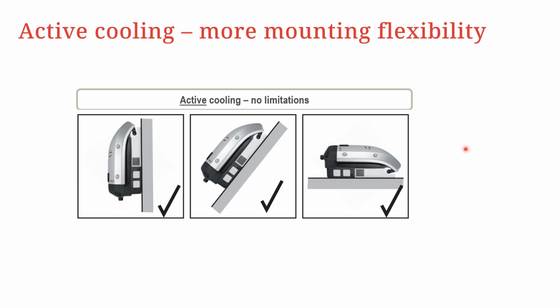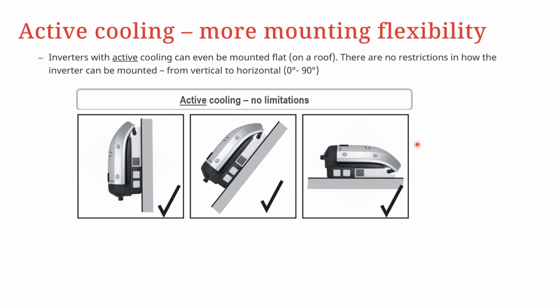So when it comes to mounting and the flexibility you get out of active cooling, basically we have no limitations. Here we are talking about the allowable mounting positions from Fronius. You can mount the Fronius inverters from 0 degrees up to 90 degrees. So you can see a vertical installation, a variation between vertical, which is 90 degrees, to 45, and then from 45 to about 0 degrees, which is a horizontal installation.